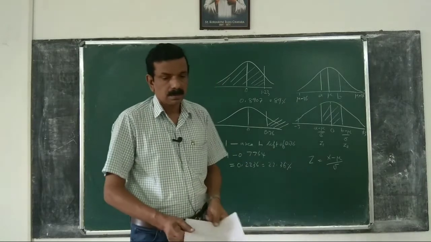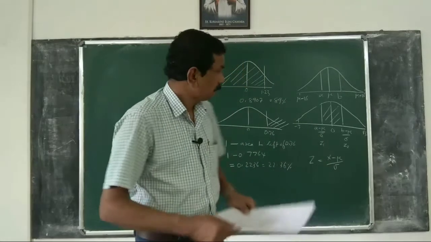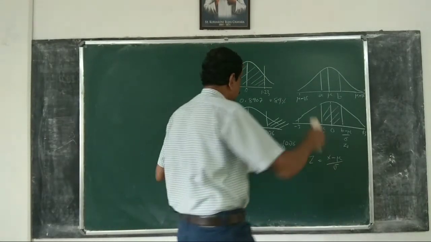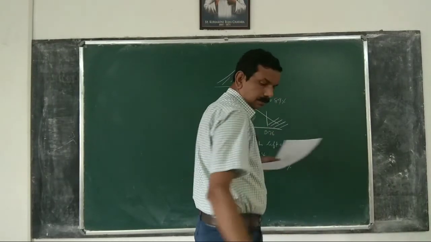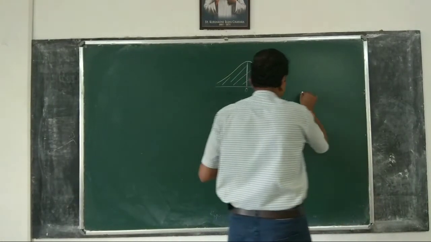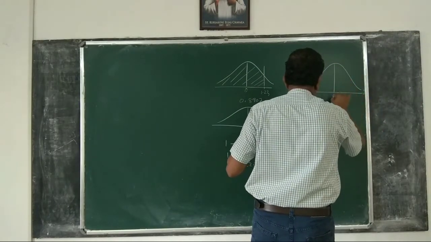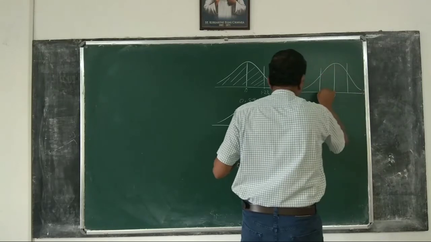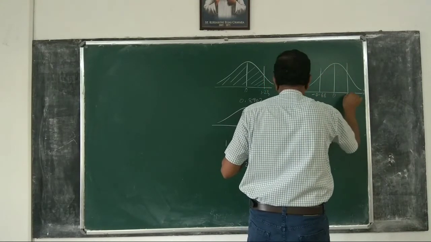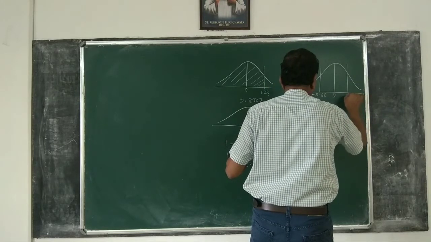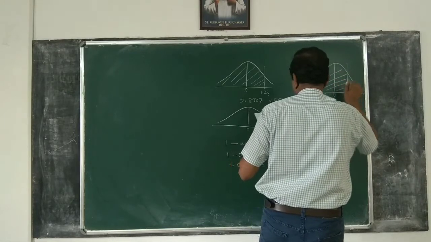Now suppose that we want to find out the area between minus 0.68 and plus 1.82. We want to find out the shaded area.